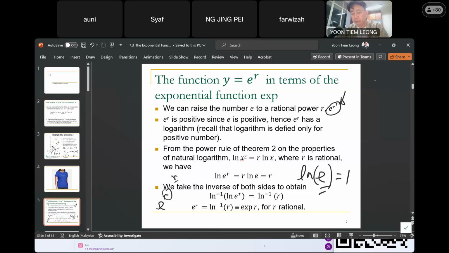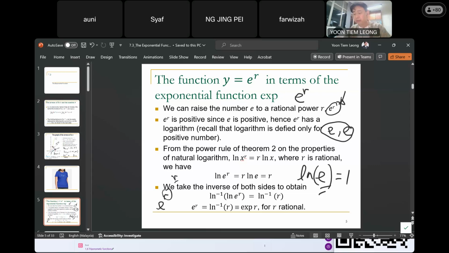Sometimes I use natural number e, sometimes I use Euler number. Both of these names are referring to the same number e. So now we ask the question, how would you assign the value for the natural number e raised to a fractional power r?